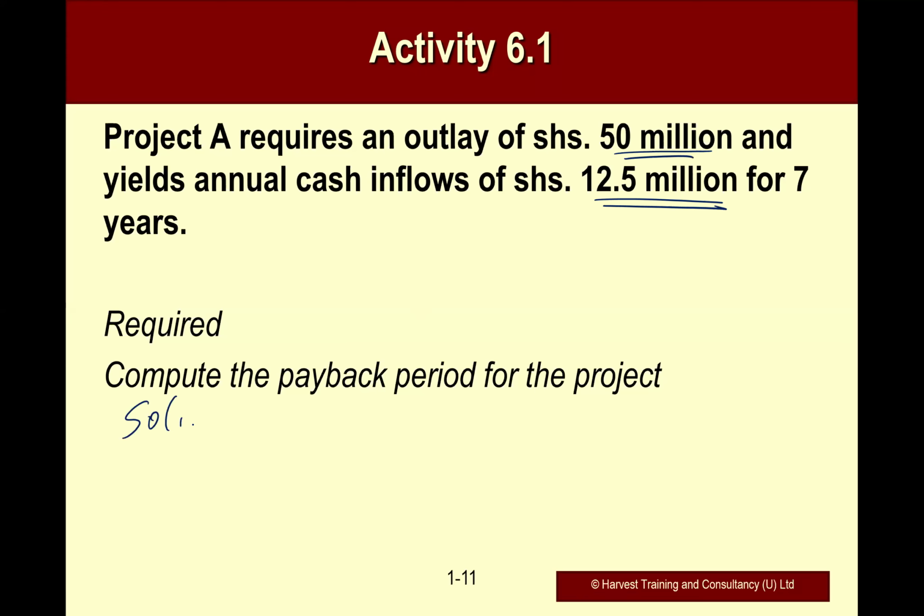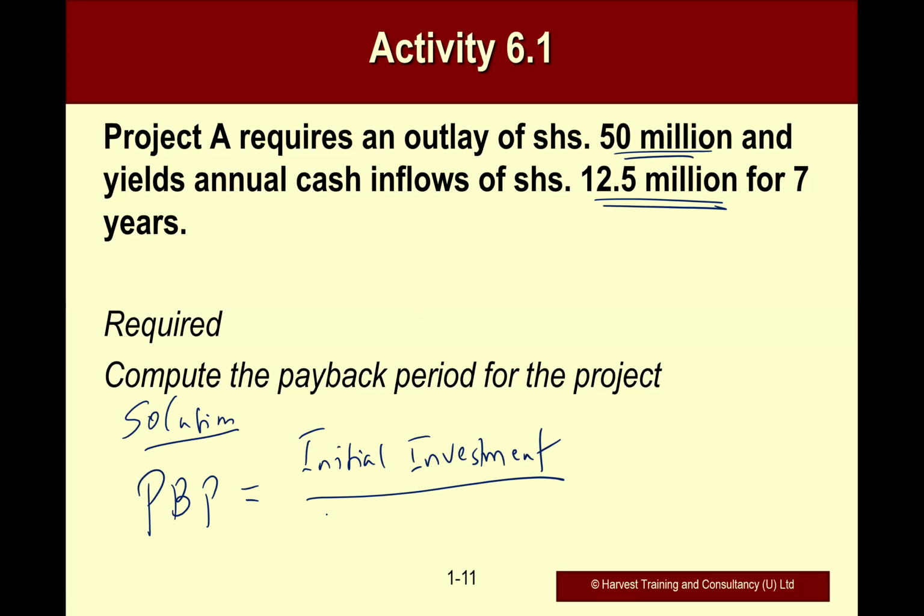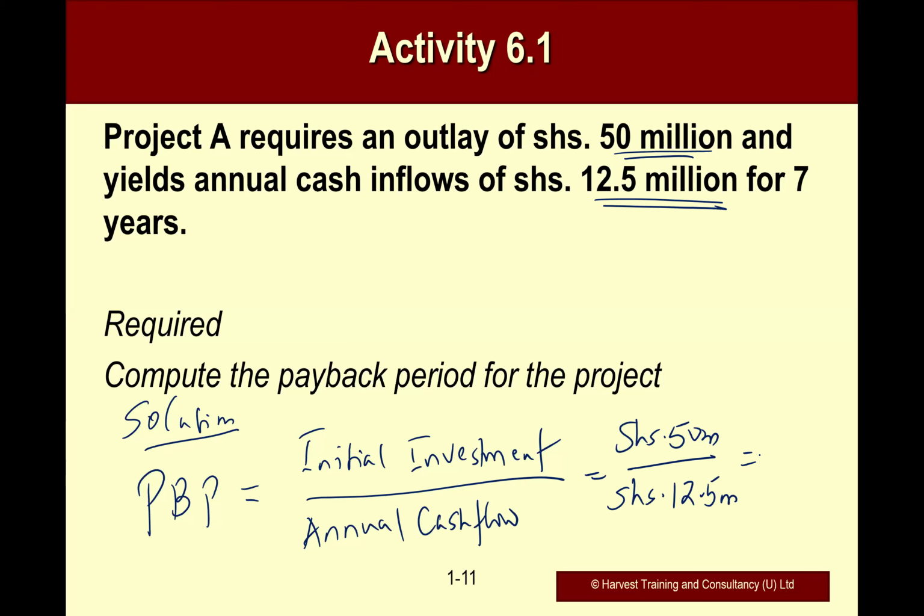So the payback period in these circumstances will be the initial investment, or outlay for that matter, divided by the annual cash flow. So we have invested 50 million and the project is giving us 12.5 every year. So when do we get back our 50 million? After how many years? Quickly do the math there. Give me the answer.